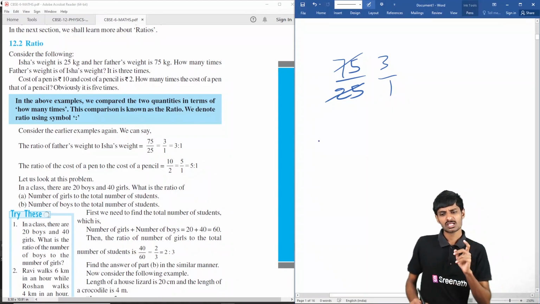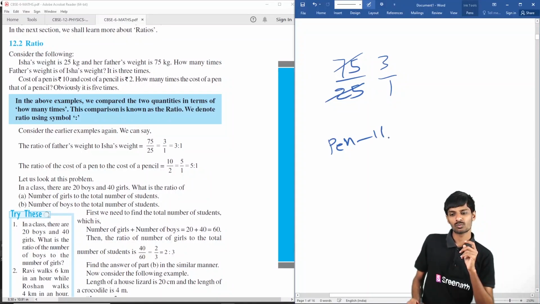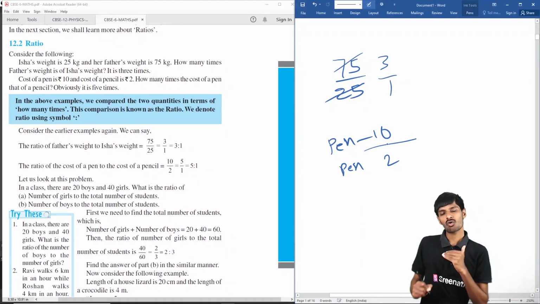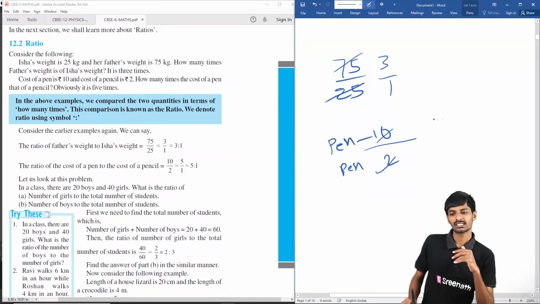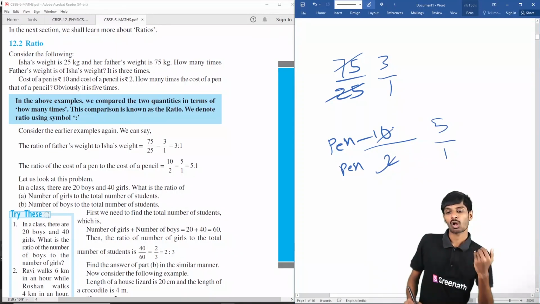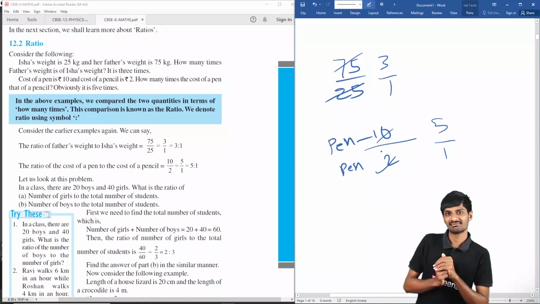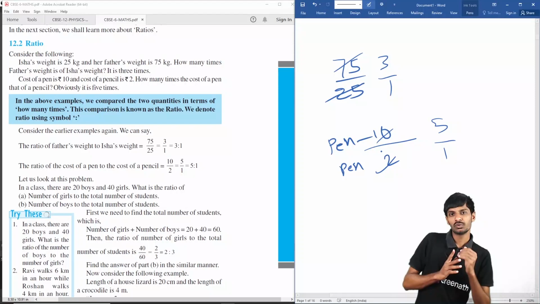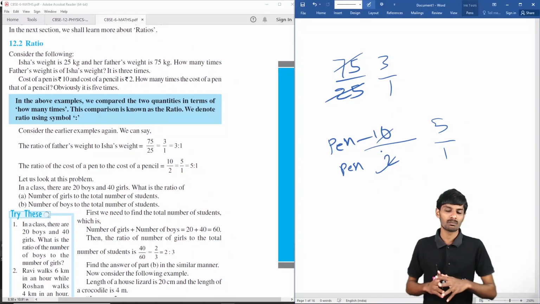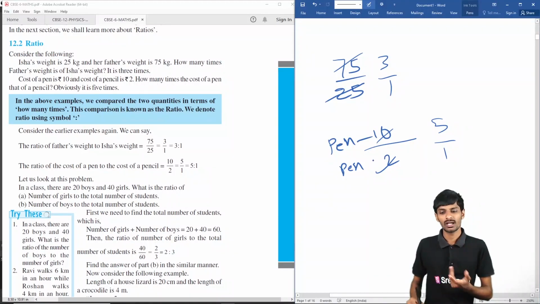Same situation. Suppose the cost of a pen is 10 rupees and the cost of a pencil is 2 rupees. When you compare the cost simply by dividing, you will get 5:1, which means the cost of the pen is 5 times the cost of the pencil. Which means with the money for buying a pen, you can buy 5 pencils.